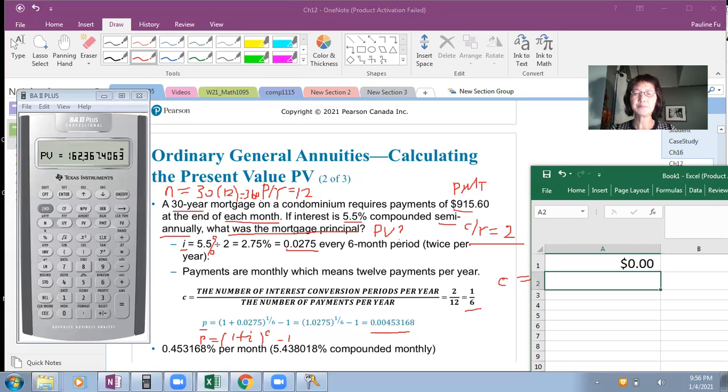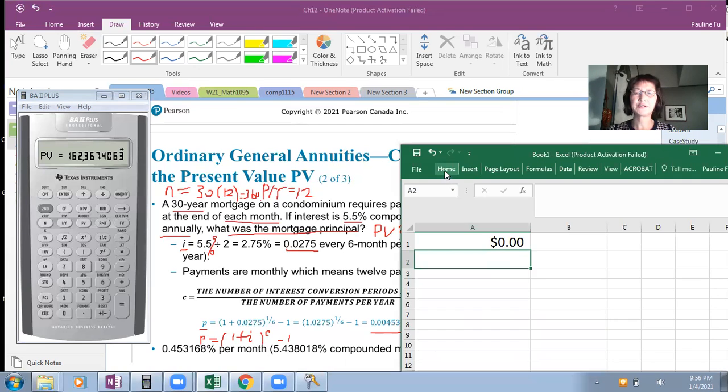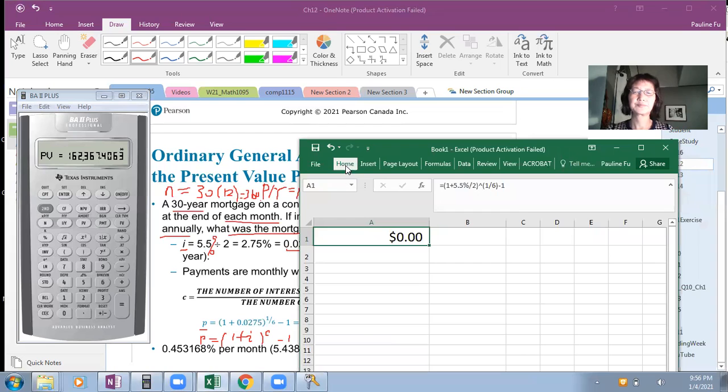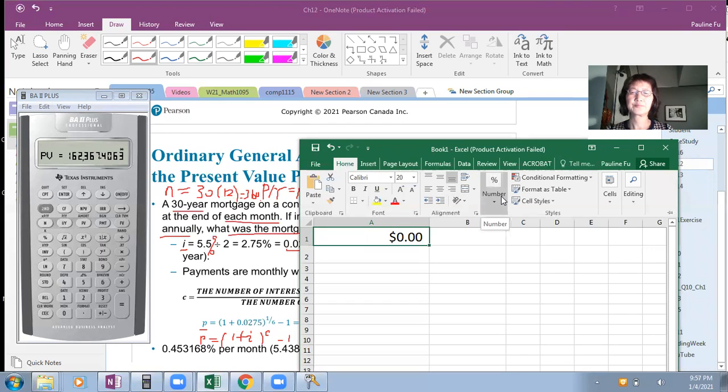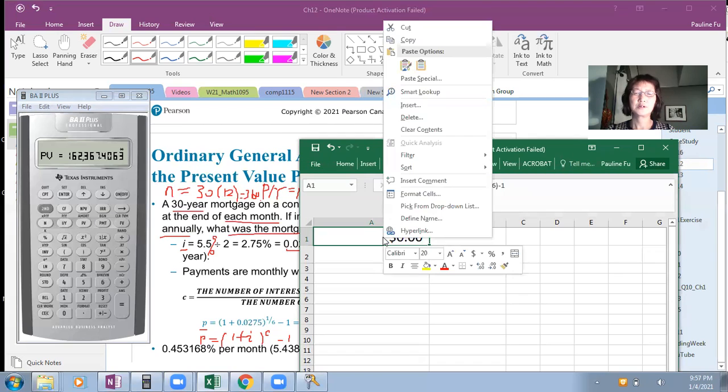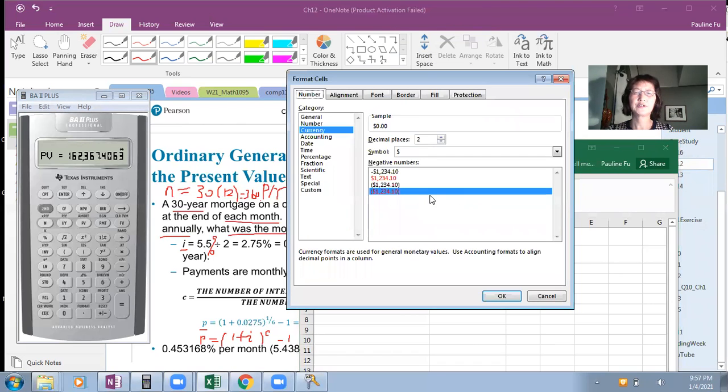And for this P, I need to increase decimal places, so I'm going to go to Format Cells.